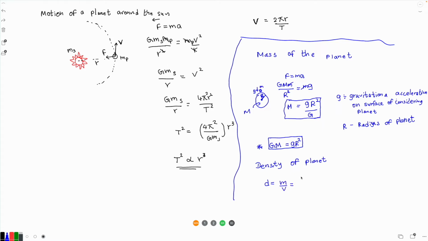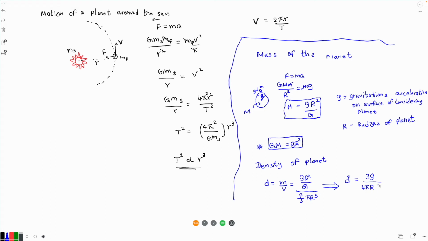I know the mass of the planet, it is g R squared divided by G. Volume is the volume of the sphere, right? The volume of the sphere is 4 divided by 3 pi R cubed. So by simplifying this, I can get the equation for the density of any planet. It is 3g divided by 4 pi R G.